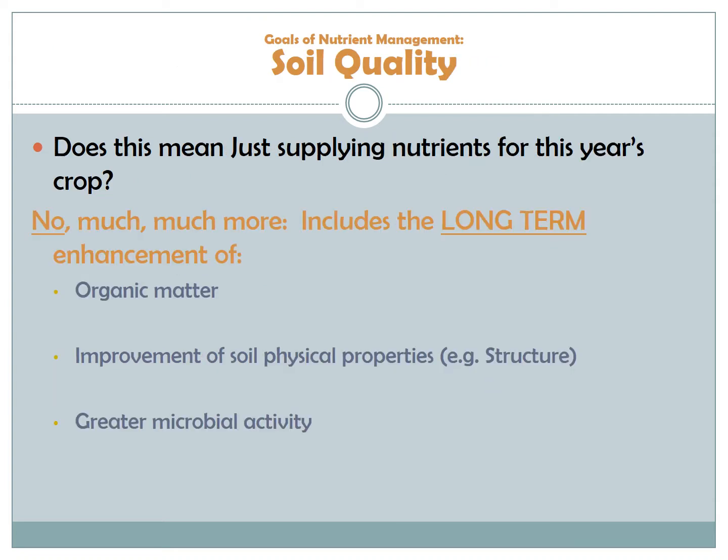So ultimately, this all ends up tying into something called soil quality, which is the long-term enhancement of organic matter, of improving soil physical properties, and feeding the microbes. These three components ultimately help to create a soil that has high enough quality to provide nutrients in the long run.